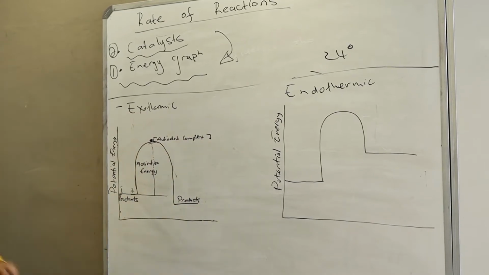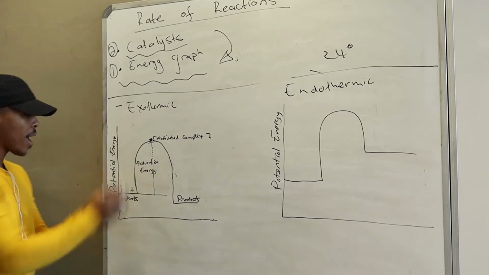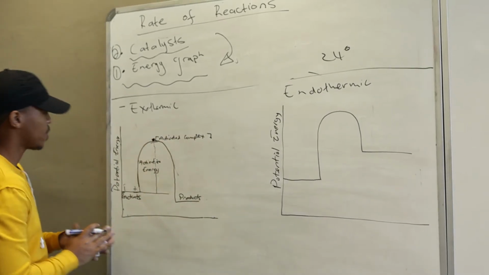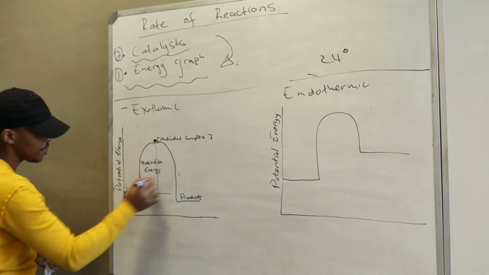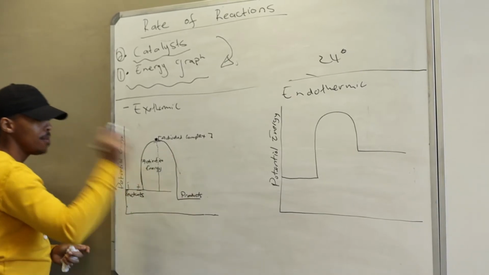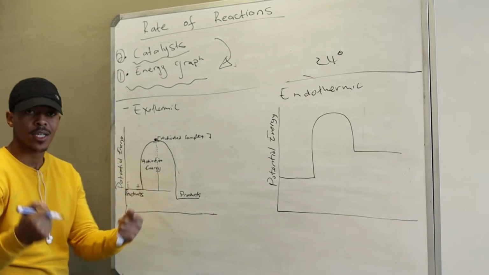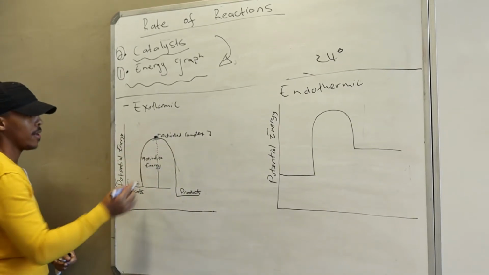Okay. Now remember, there's a difference between activation energy and activated complex. Right. Remember, activation energy is the minimum amount of energy required for a chemical reaction to initiate, to start. Okay? Right.